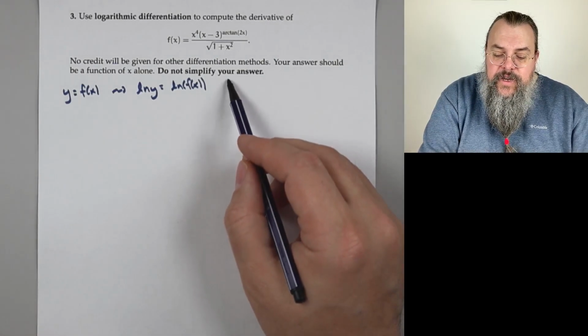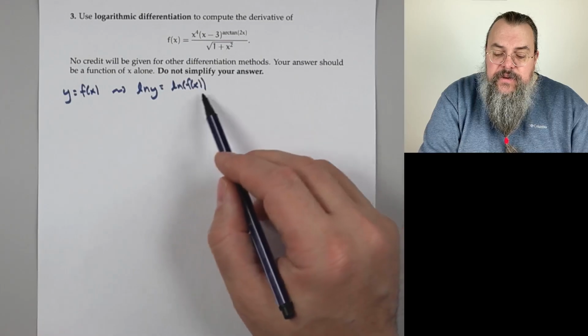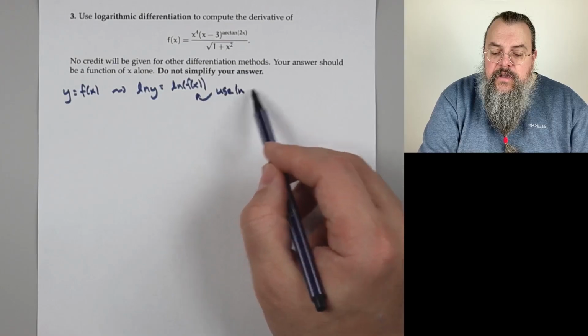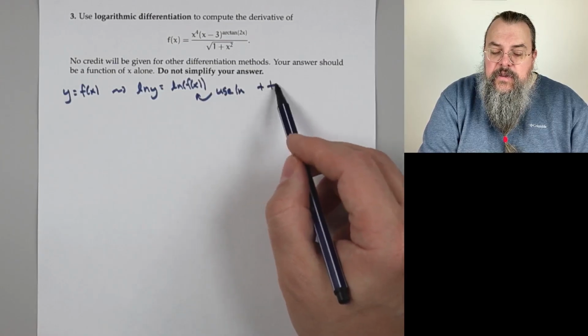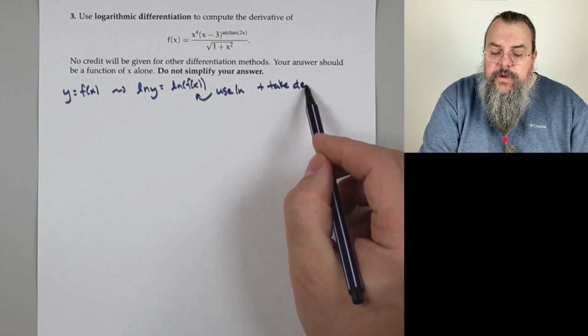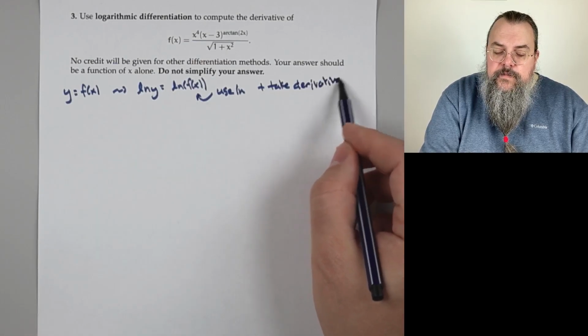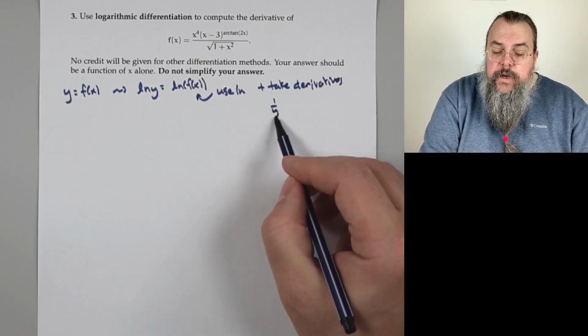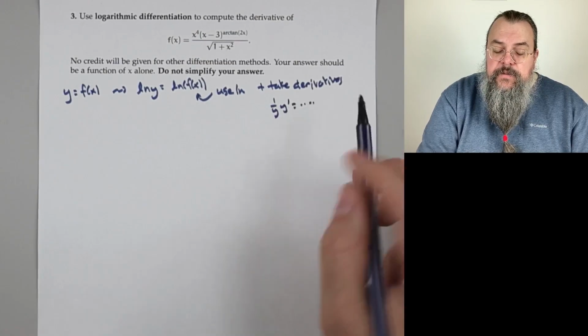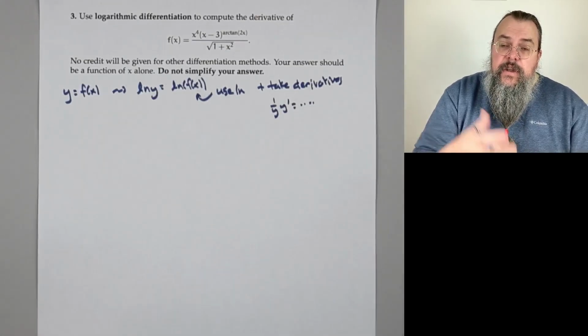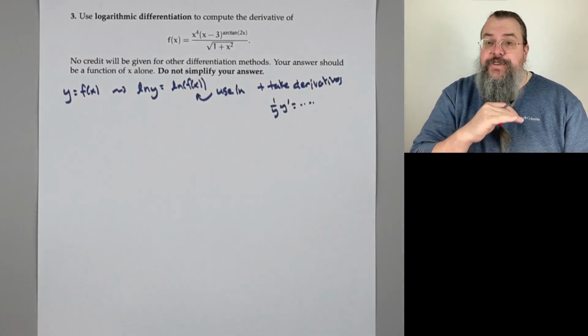And so we say, okay, now take derivatives after you use your logs, and life is great. And we end up with 1 over y times y prime equals stuff. Then you multiply both sides by y, which is f of x. Now, that's one school of thought. It works great.